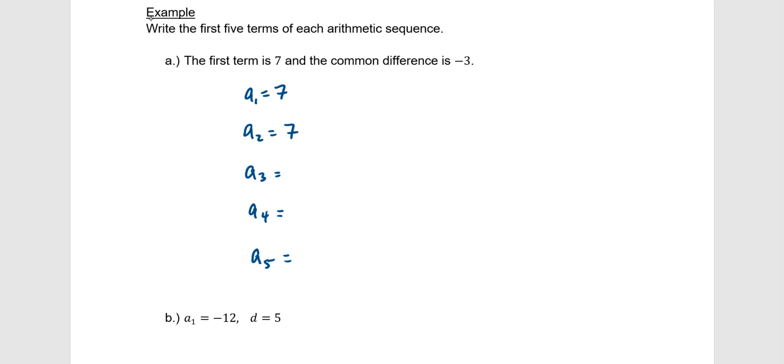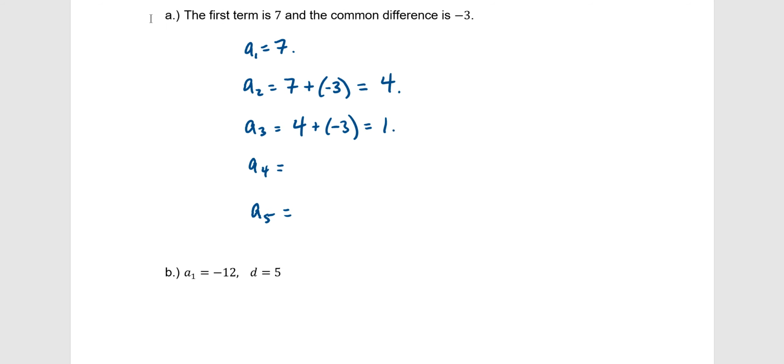So it's going to be 7 plus -3 for the second term, which is +4. And then we're going to take that 4 and add another -3, which gives us +1, and we can probably do these in our head.